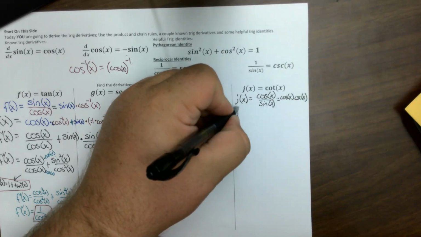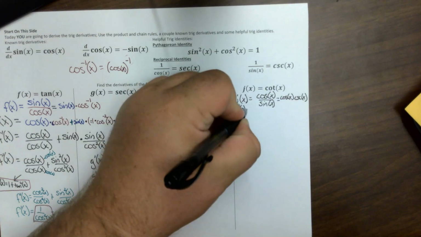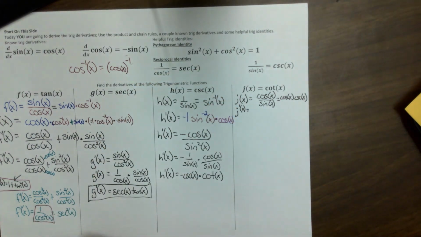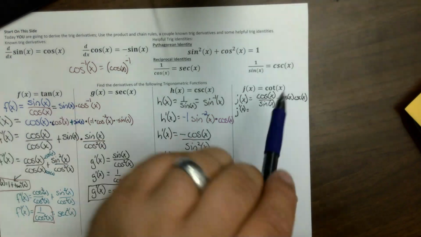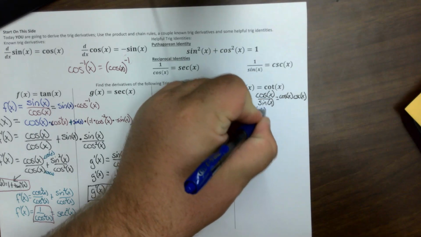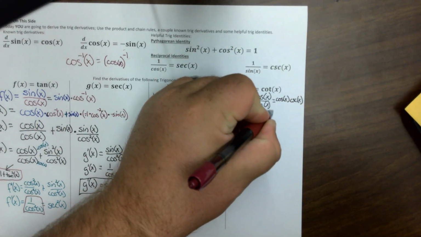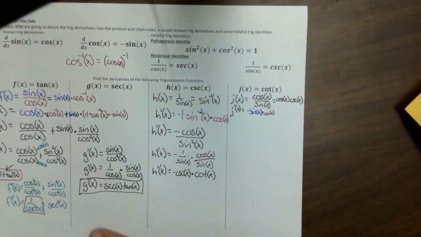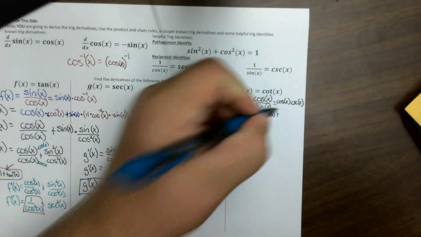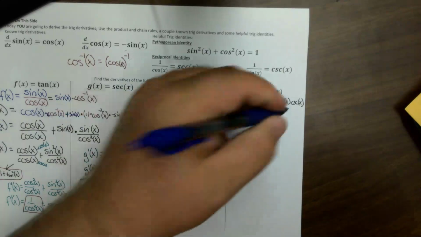We're going to take the derivative right now of this j. Derivative of this, we've got to take the derivative of that first thing. So that'd be negative sine times cosecant. Big old plus sign. Not big. I don't have enough space. Cosine, leave it alone. Leave it alone.